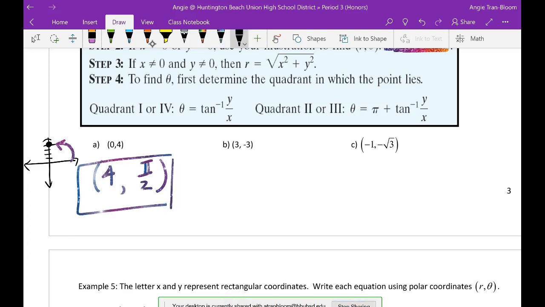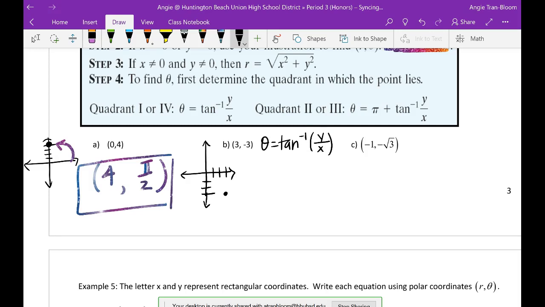All right, B, plot the dots. Positive 3, negative 3. You are in what quadrant? The 4th, okay? So now you have to decide. How do we find theta? Theta is always tangent inverse of y divided by x.